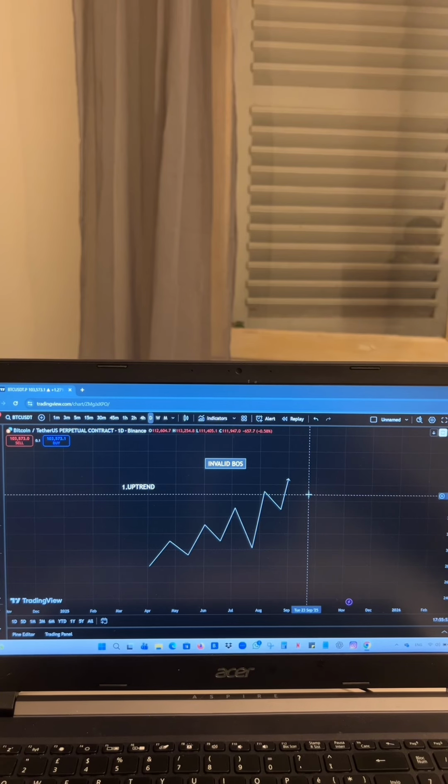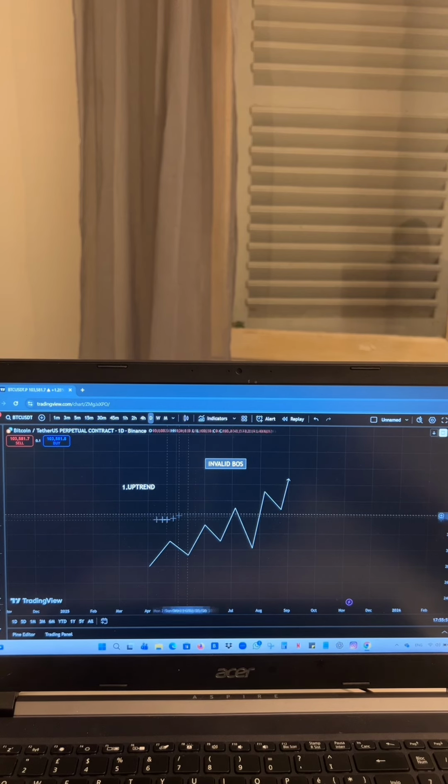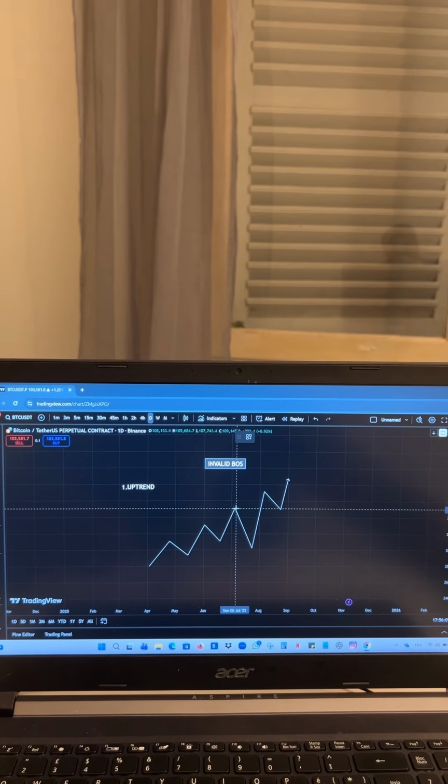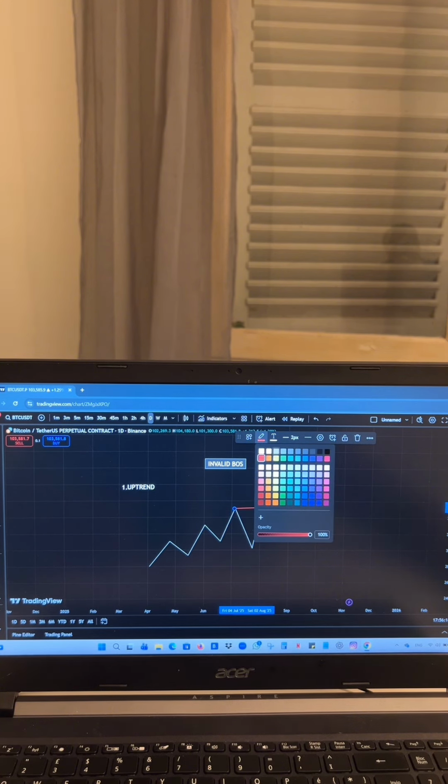And first, we are going to talk about how to identify an invalid BOS in an uptrend. If the market is making high highs, high lows, high highs, high lows, and making a valid BOS as well, we are going to mark out that valid BOS first. We're going to mark out this, and this is going to be a valid BOS.